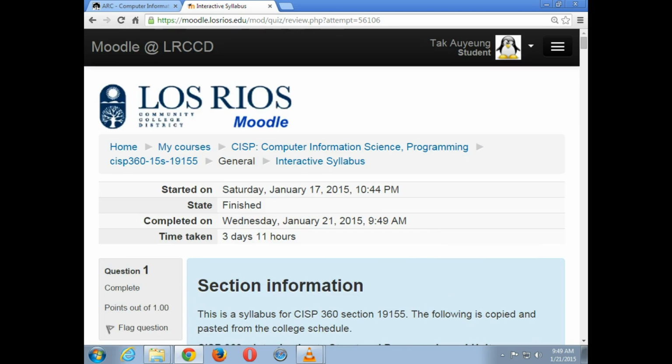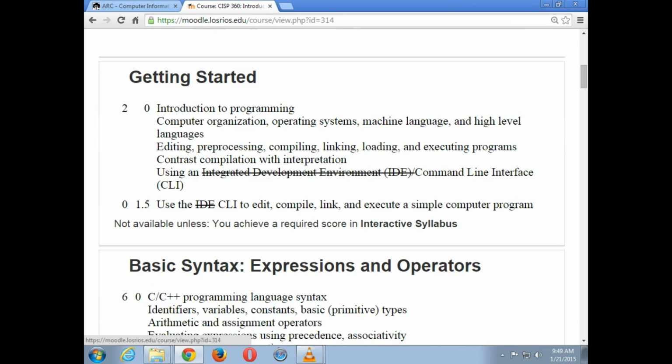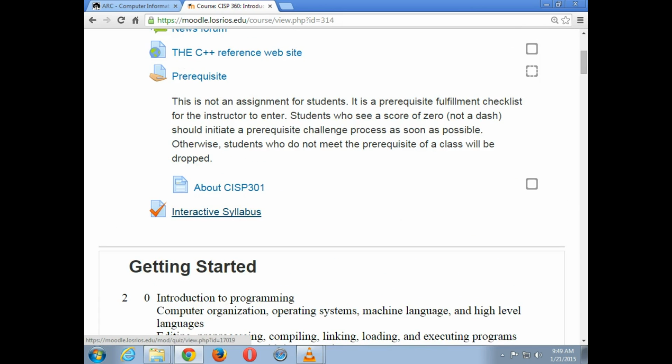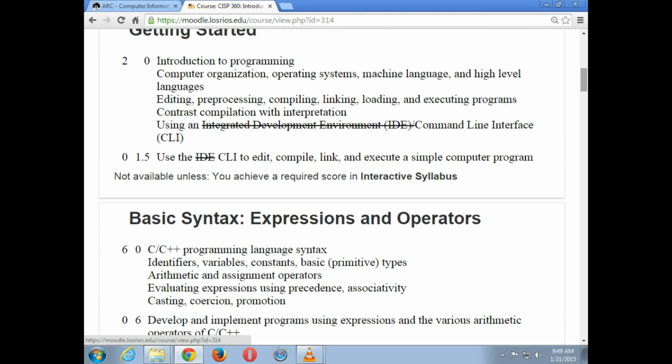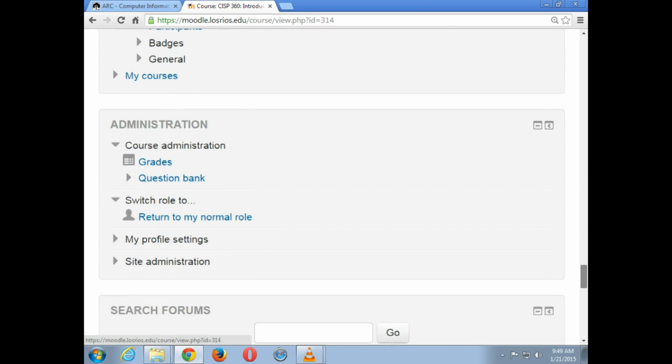And if you turn in everything the way it is, you should get a perfect score, and the other topics will open up. So I'm getting back to the main page of Moodle, and you can see that, oh, I did not get a perfect score. It's either that or because it doesn't really make my student roll correctly.